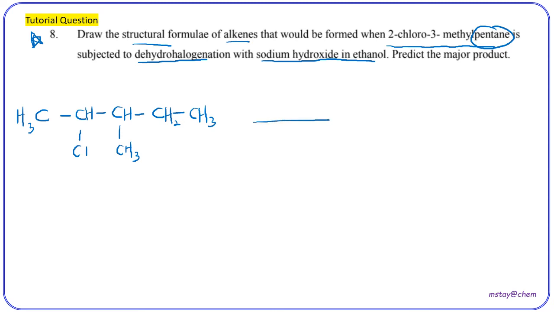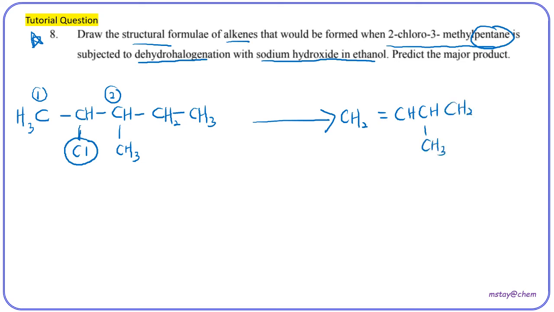As we know, for sure this Cl will be removed, and then next we will remove another hydrogen from the left or from the right hand side here. If we remove the hydrogen from the left hand side, the product will be CH2 double bond, CH, CH, CH3, CH2, and CH3.